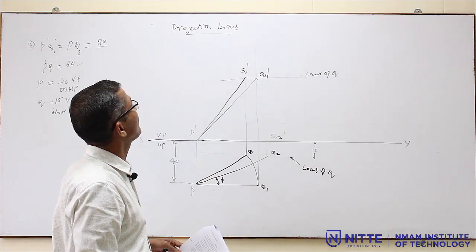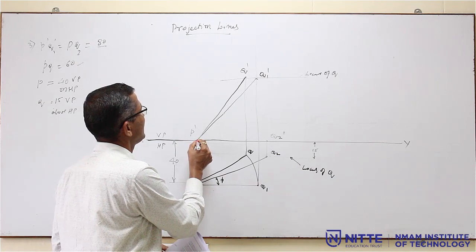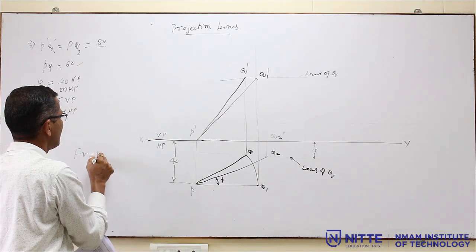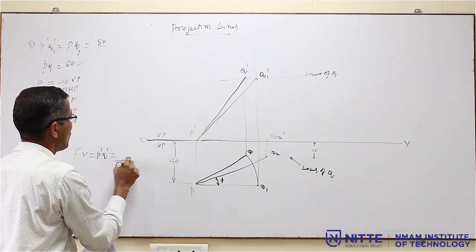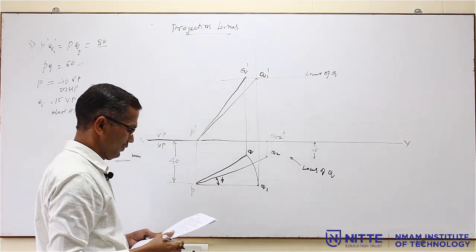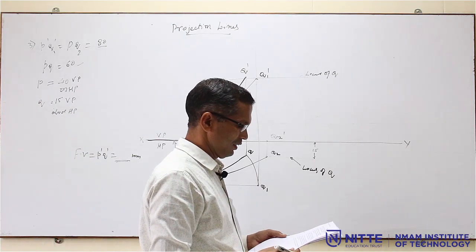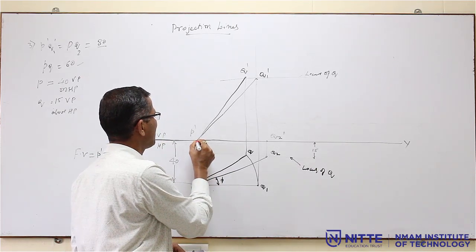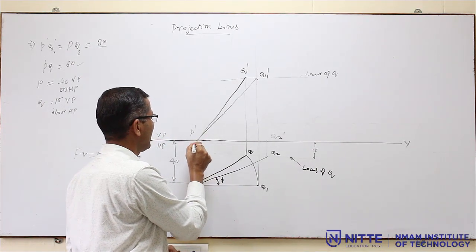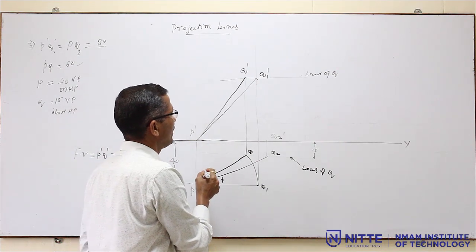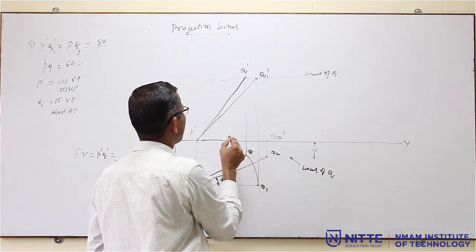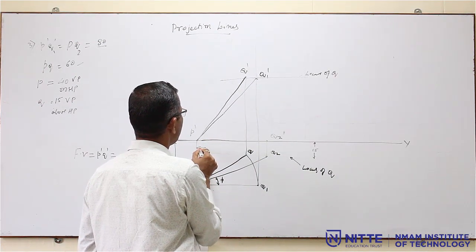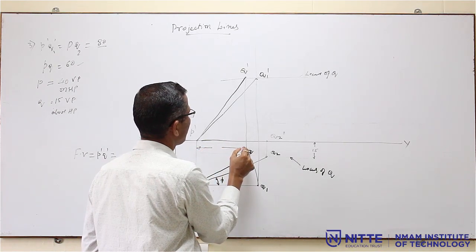Find the length of the front view. That means you have to measure this. What is the length of the front view? Front view length, that is P dash Q dash, is equal to so many millimeters. You have to give the answer. And the distance between the projectors. One projector is the line connecting P dash and P, and the other is the line connecting Q dash and Q. What is this distance, from here up to this point?